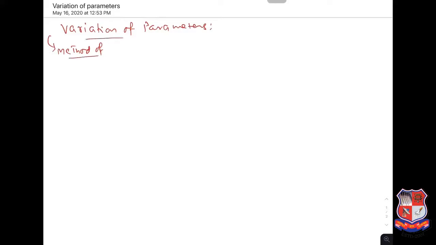Here we shall solve the example of the differential equation like this: d square y by dx square plus some p(x) dy by dx plus some q y equal to some function g(x).